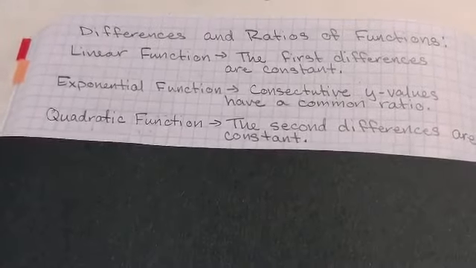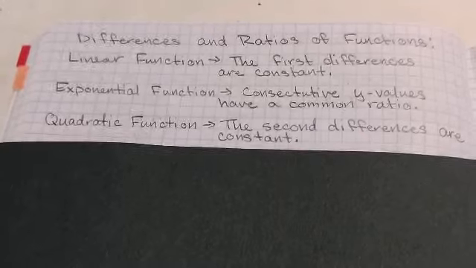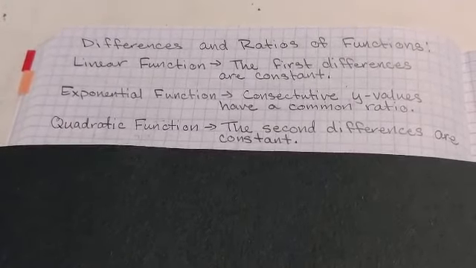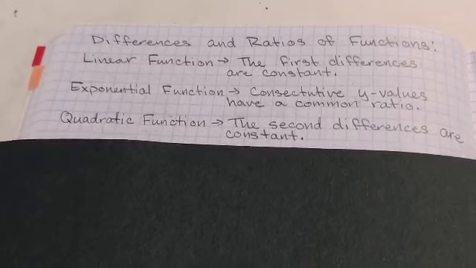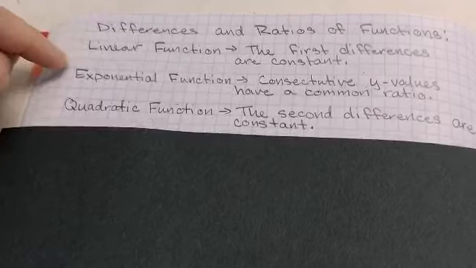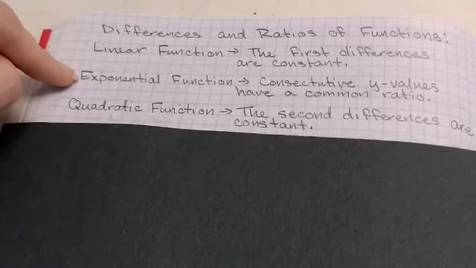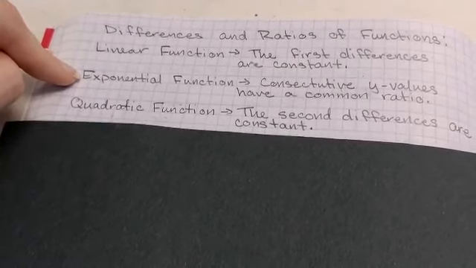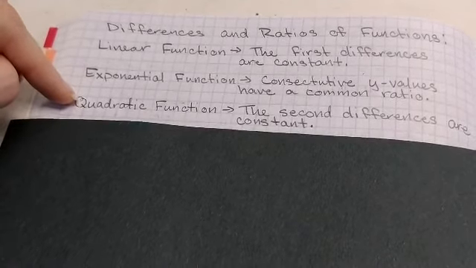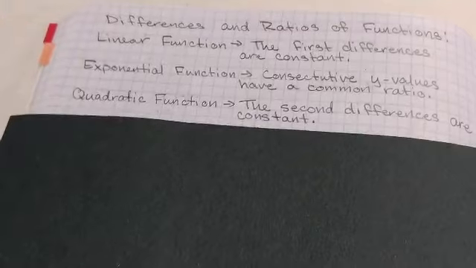Our third option is a quadratic function, and for a quadratic function, the second differences are constant. So linear: first differences are constant. Exponential: consecutive y values have a common ratio. Quadratic: the second differences are constant.